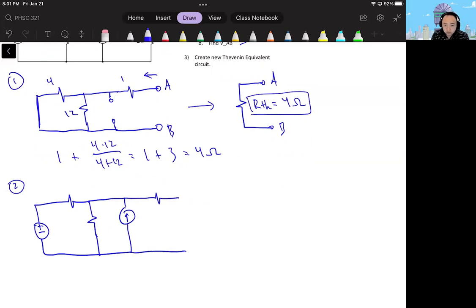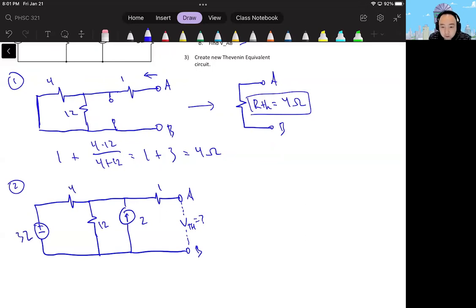And where I used to have a load resistor, I'm just going to leave it open. Essentially I want to find VTH. So what's the voltage across A and B? Let me write my values here: 1, 2, 12, 4, and 32 volts, like so.